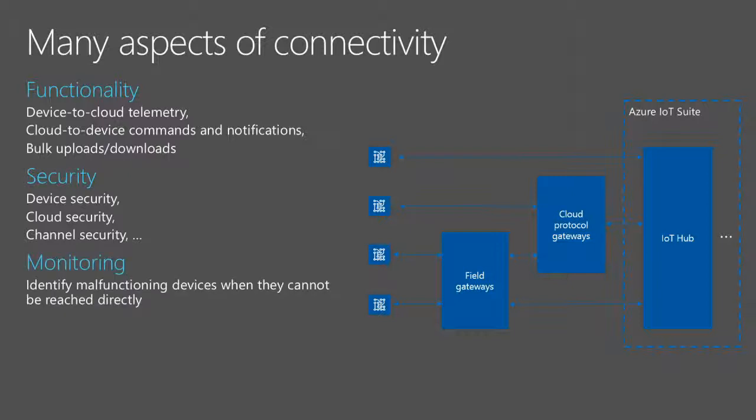There is, of course, monitoring. This sometimes is not really considered. In most IoT solutions, devices are not reachable, which means that if something is wrong with device connectivity, it's really hard to debug or to fix the issue.